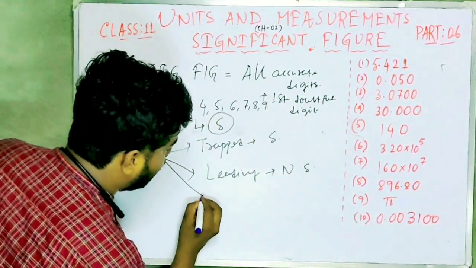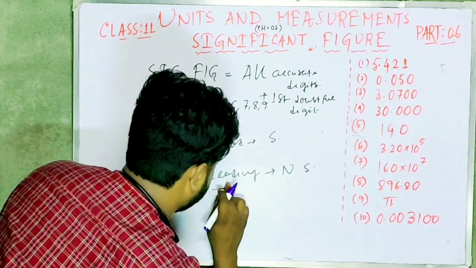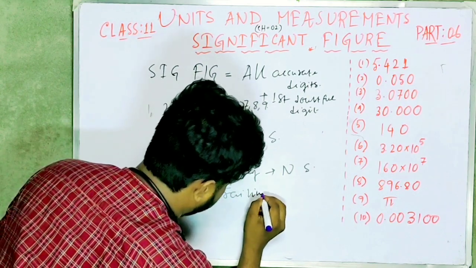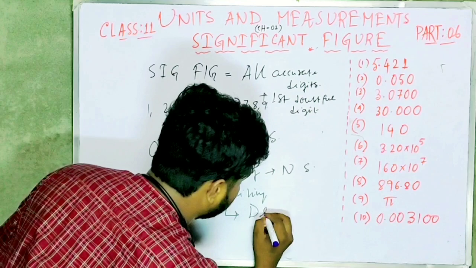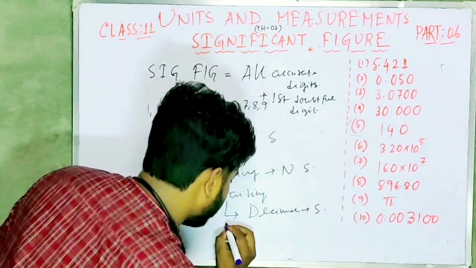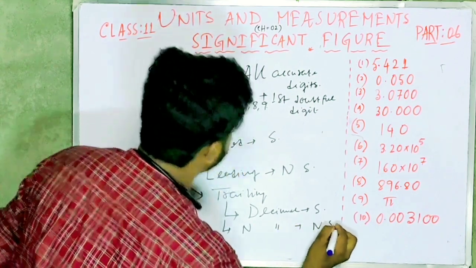And another one, 0 which is trailing 0, and there are two parts. If there is a decimal, that is significant. If there is no decimal, that is not significant.